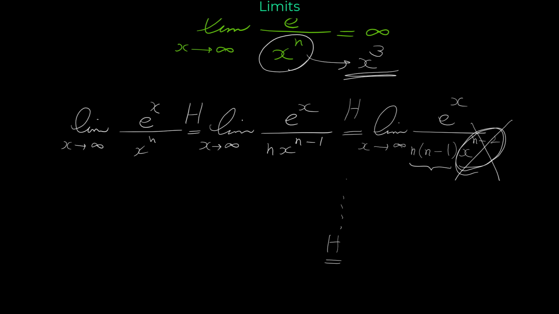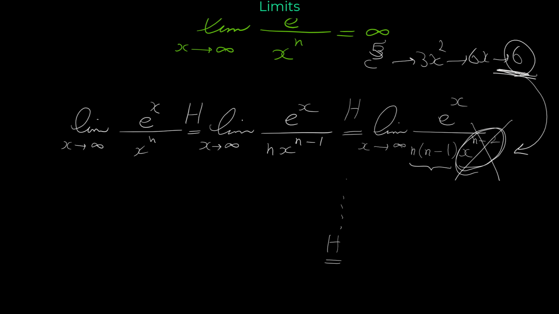If we apply L'Hopital's rule 3 times, first it would be 3x to the 2, then 6x, and finally only 6 remains. Here we stop because there is no x in the denominator. If it is x to the 5, you have to apply L'Hopital's rule 5 times. If it is x to the 2, you have to apply it 2 times to get rid of x to the n from the denominator.